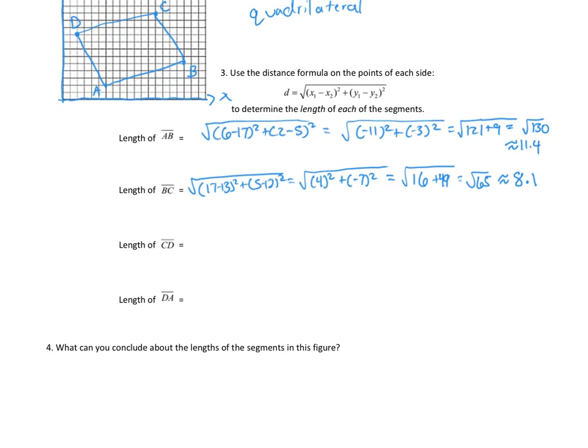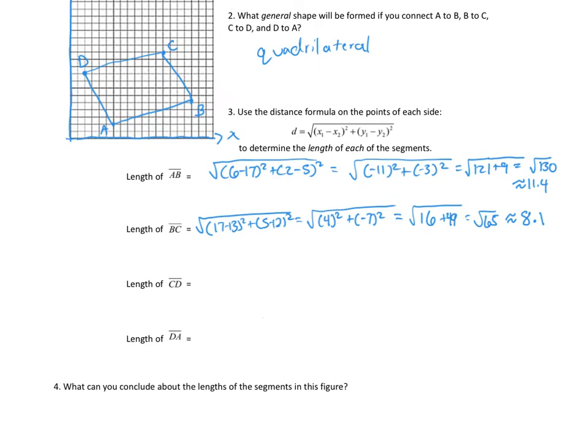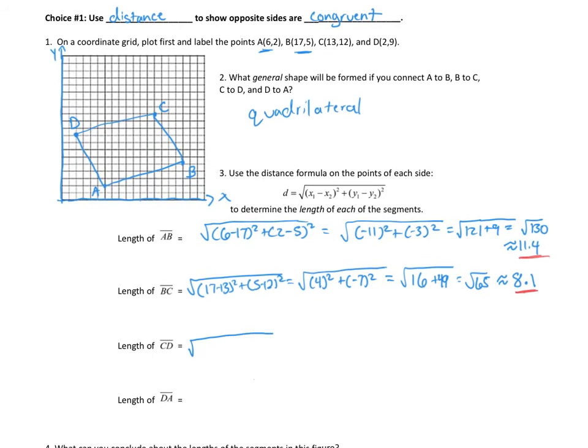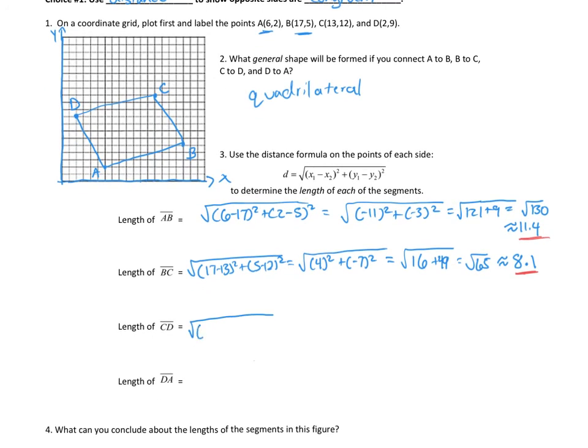Let's do the length of CD. I'm going to underline these just to know these are the numbers I'm working with. CD is C (13, 12) and D (2, 9). So we have 13 minus 2 squared and 12 minus 9 squared. 13 minus 2 is 11 squared, 12 minus 9 is 3 squared.